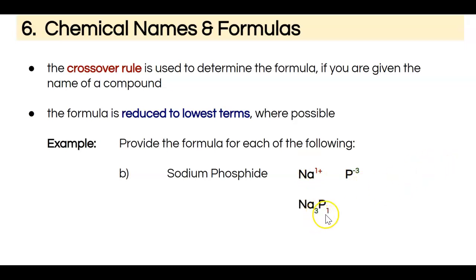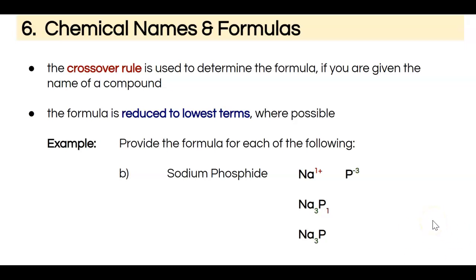Anytime I have a 1, I can just eliminate that 1, because when there's no number written, it's understood to be 1. And if there's an opportunity to reduce to lowest terms, then I will, but in this case, that is not possible. Hopefully you did okay with that. If not, absolutely reach out on our all-day Zoom meeting for some extra practice or help if you need it.